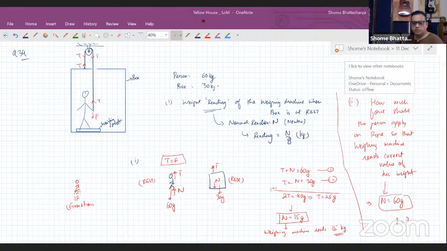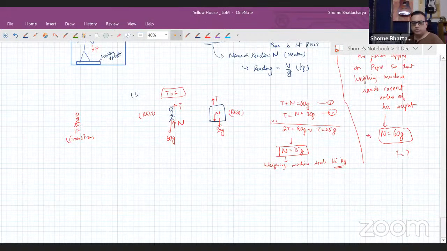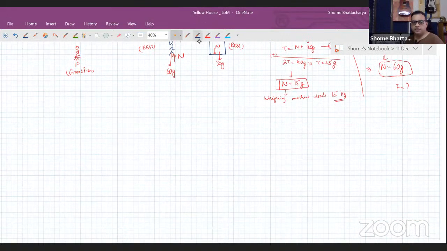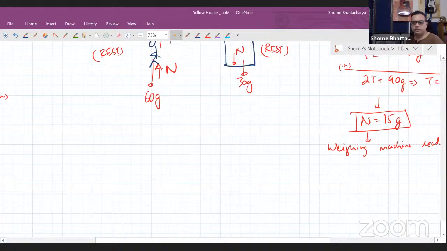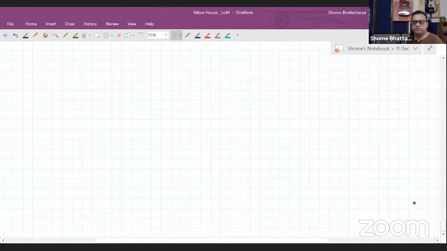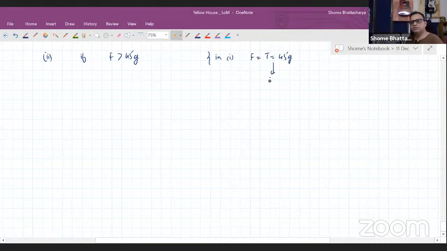Okay, very good, Aman. So let's verify the second part. What is happening is that if he applies a force greater than this value of tension, which was 45 G, because in part 1 F was equal to T was equal to 45 G, that was giving zero acceleration to the system, but the normal was 15 G. So if he applies a force greater than this, what will happen?